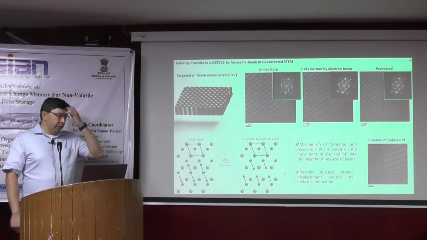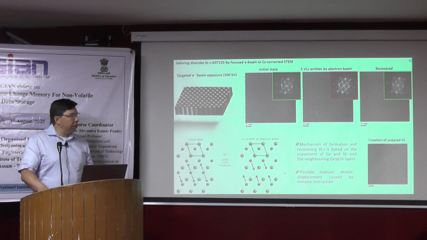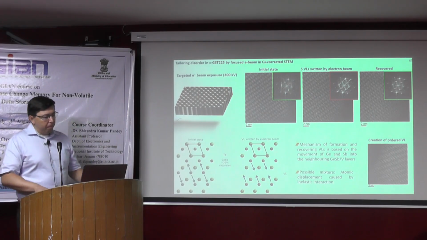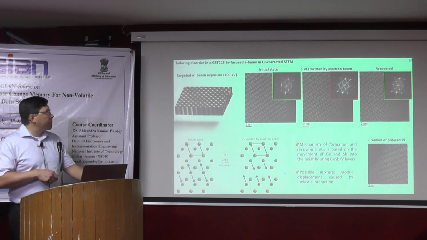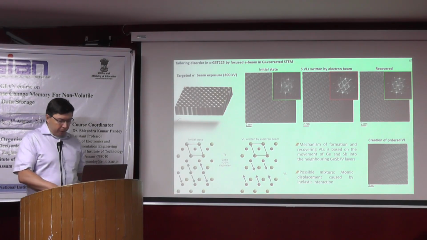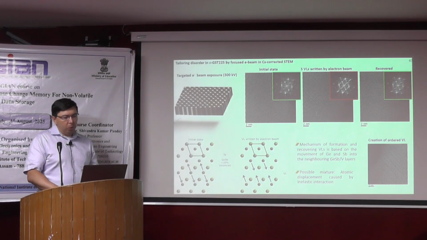Also, the electron beam can modify the crystalline structure of GST material. In this case, we start with a cubic lattice, and we use a focused electron beam in the transmission electron microscope.